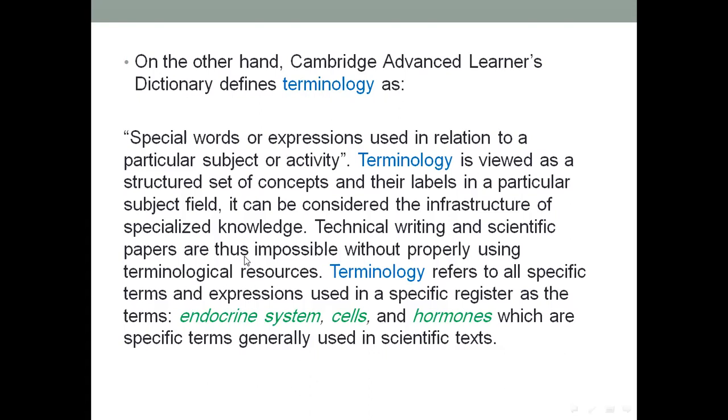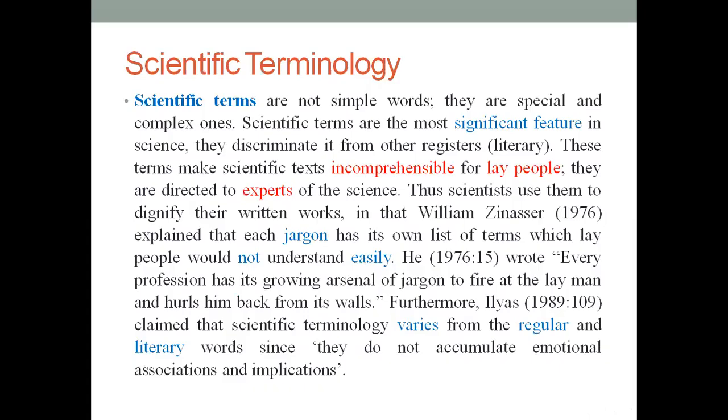For example, terminology refers to all scientific terms and expressions used in a specific register. For example, in the endocrine system, all terms that are related to the endocrine system are called terminology. Hormones, cells, and so on and so forth.